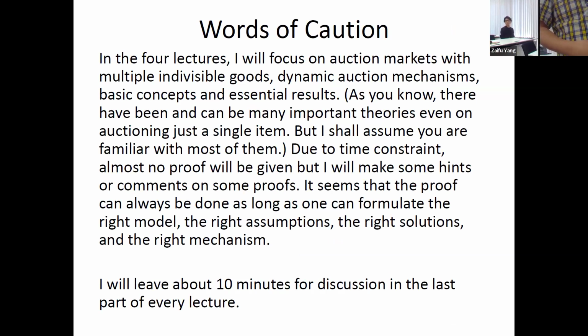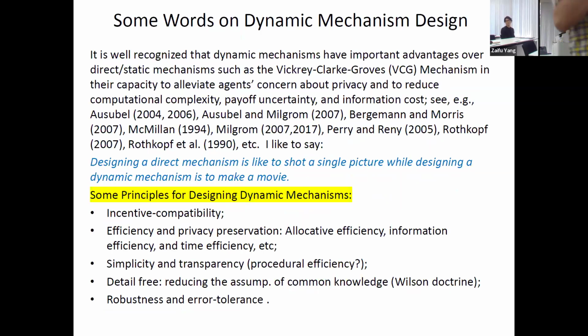Okay, so first I will just introduce some principles of dynamic mechanism design. Of course, this kind of concept you might already know. So the first one is incentive issues, strategic issues.